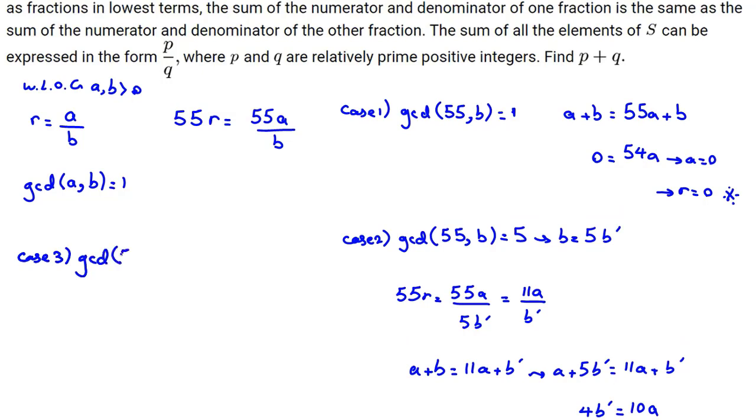If the GCD of 55 and B equals 11, then B equals 11 B prime. This B prime is not the earlier B prime, so it's better to write B1. Then R equals 55A over, instead of B, we write 11B1. If you divide both numerator and denominator by 11, it will be 5A over B1.